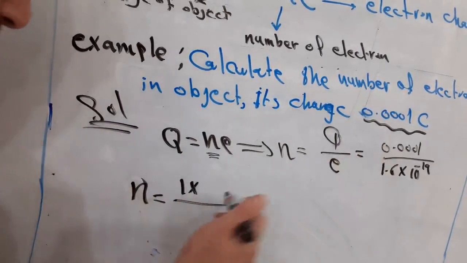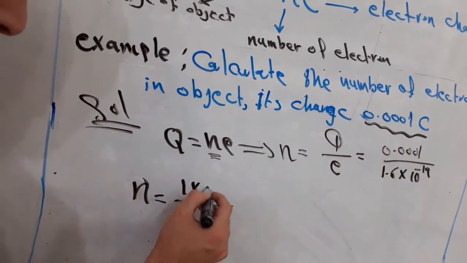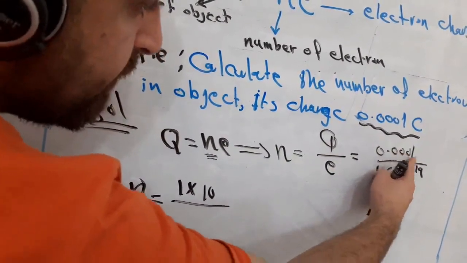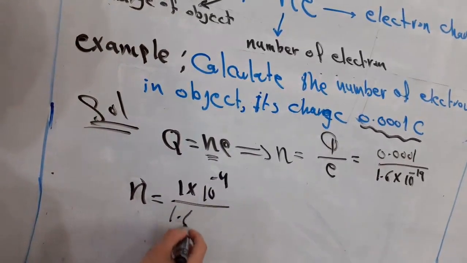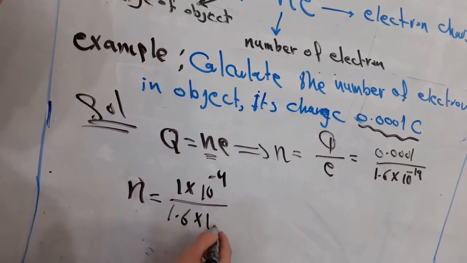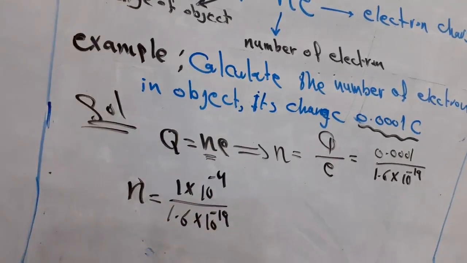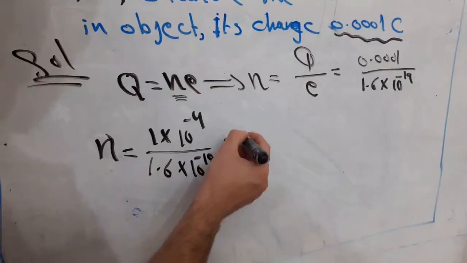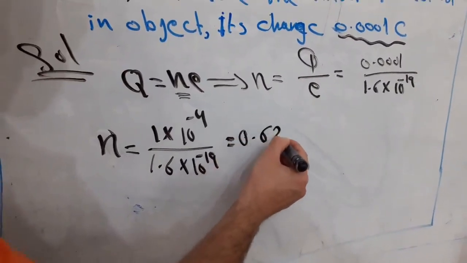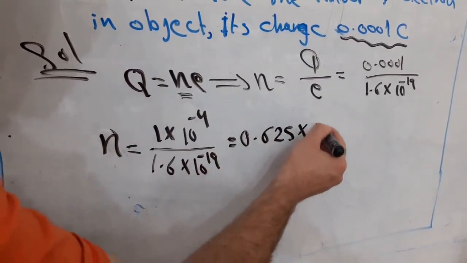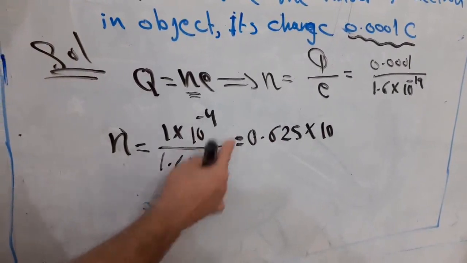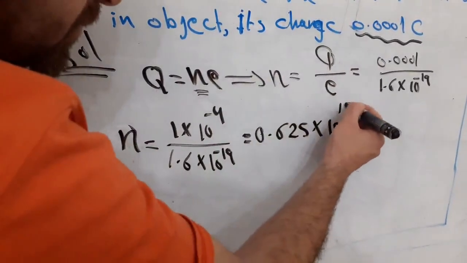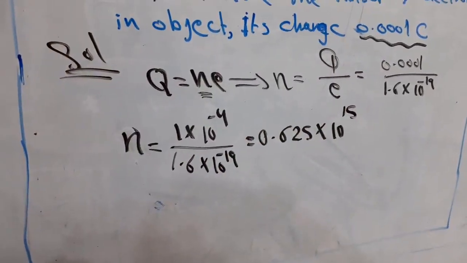I can write this as 1 times 10 power minus 4 over 1.6, equals 0.625 times 10 power minus 4 plus 19, which is power 15.